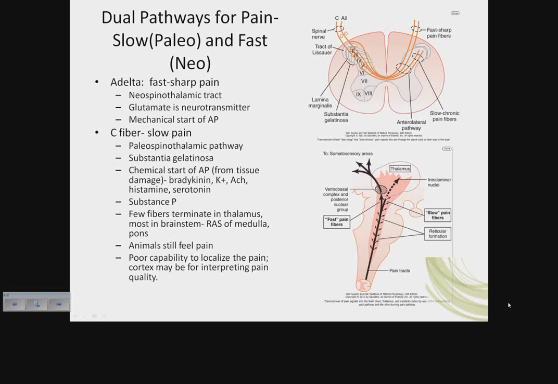And the next question is, what are the neurotransmitters used in this neospinothalamic pathway? It is believed that glutamate is the neurotransmitter substance secreted in the spinal cord at the level of the A delta pain fiber ending. So where the A delta pain fiber comes in and terminates on the first lamina, it's releasing glutamate, which is the most widely used excitatory neurotransmitter in the central nervous system.